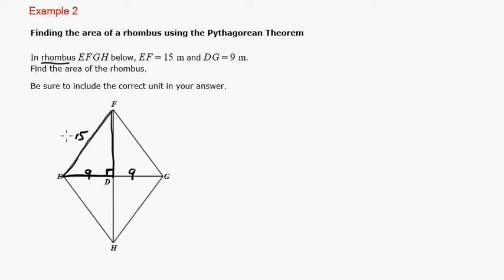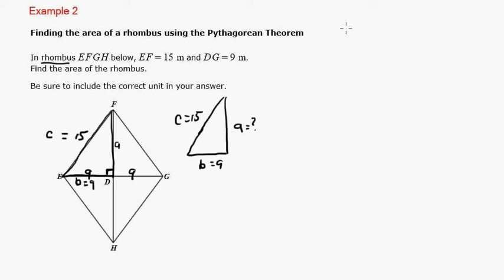So let's call this C, and let's call this B equals 9, and this would be A. Okay, let me just draw it right here. A, we don't know. B is 9, and C is 15.